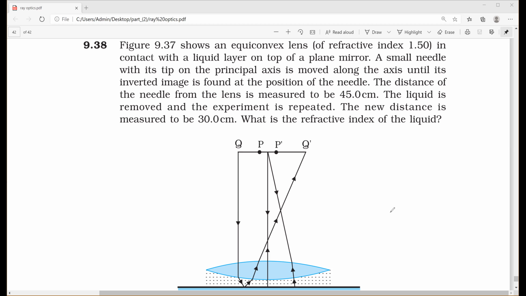So by using that, let us solve this given problem, 9.38. So from the question, what they have given: the focal length of the convex lens is f1, and they have given the focal length as 30 centimeter.